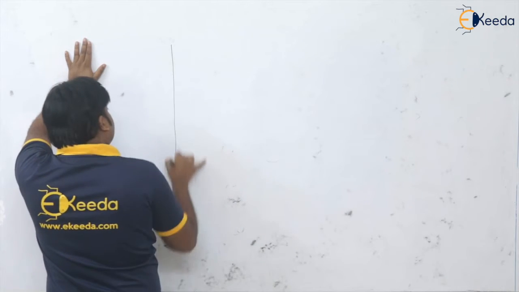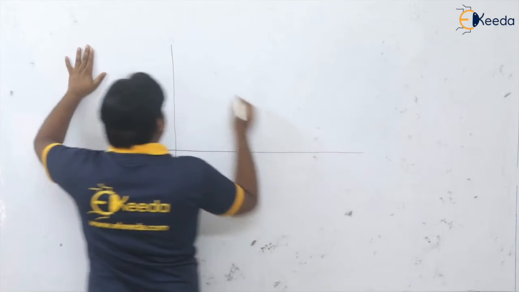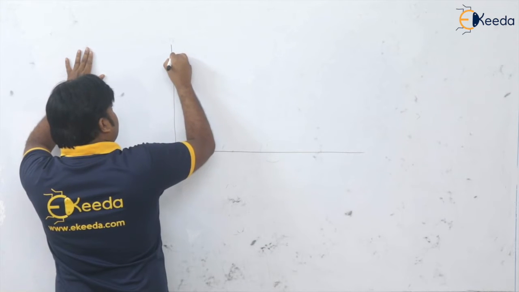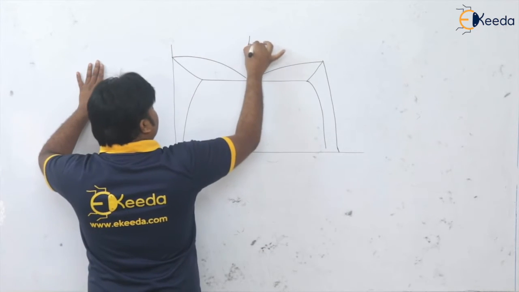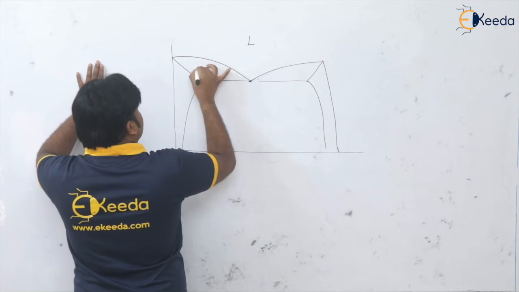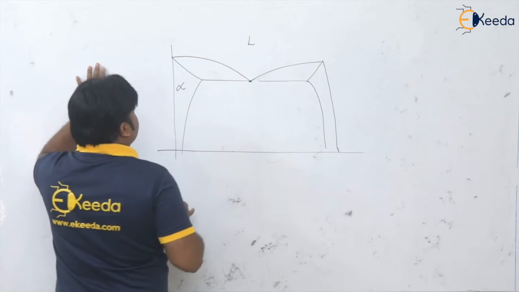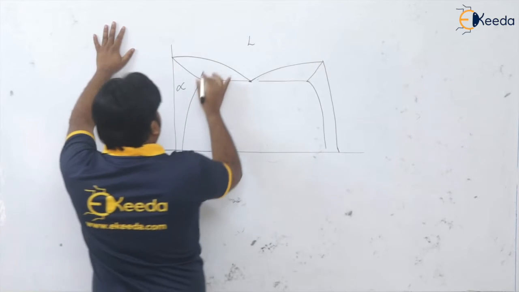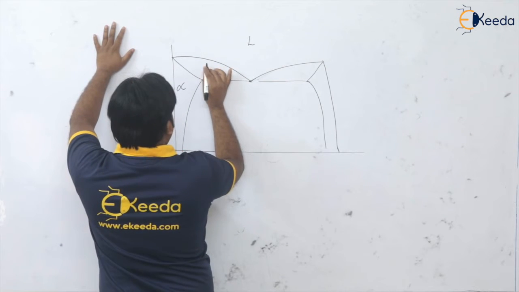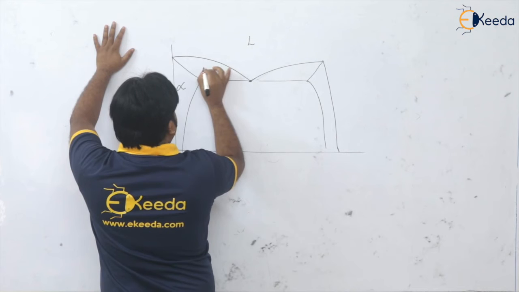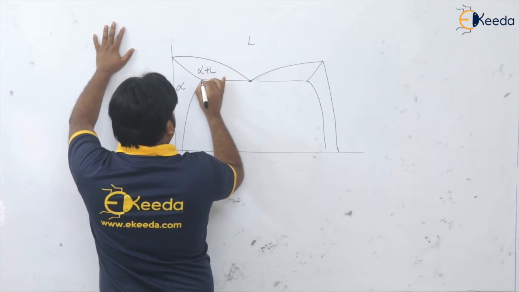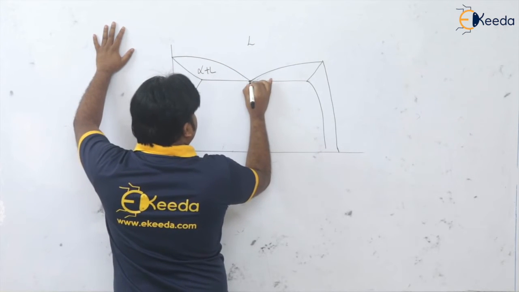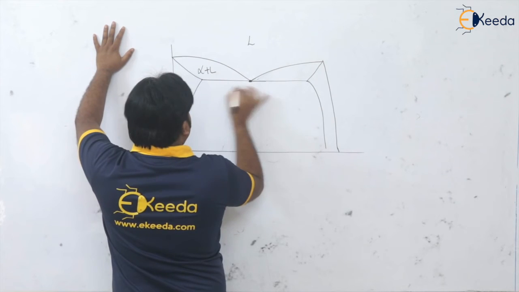Here this is the liquid, and you have the eutectic reaction here. This is the alpha, that is the solid solution of copper. Here is alpha plus liquid.